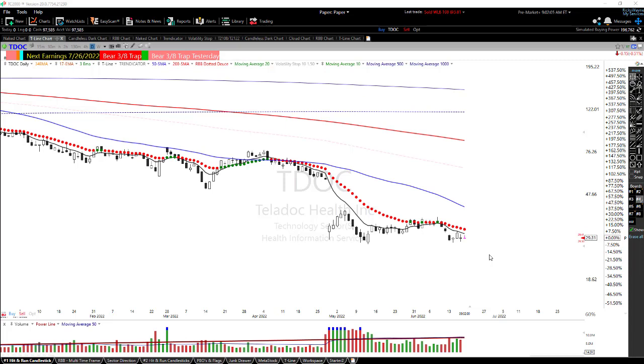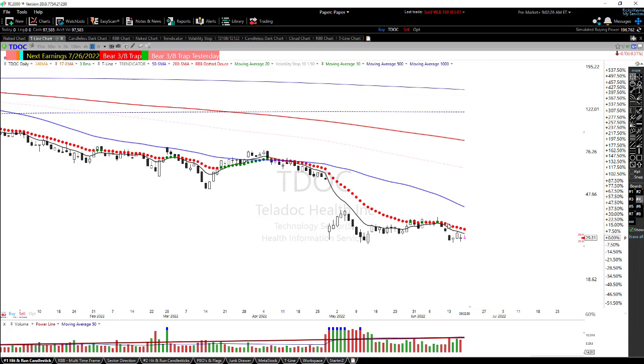I think probably everybody is familiar with a J-hook continuation pattern. This is the same thing, just opposite of that. It's like a little bearish H pattern. So there's that H pattern setting up right there.